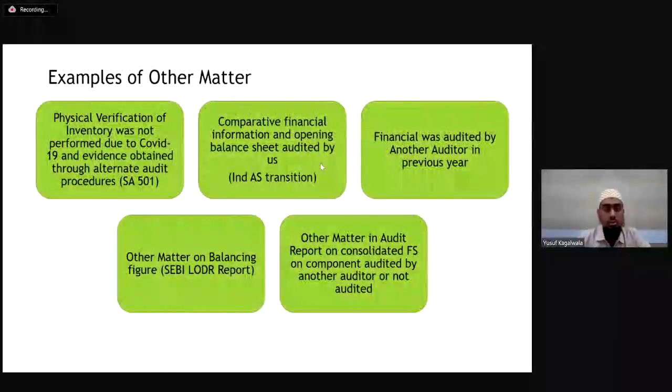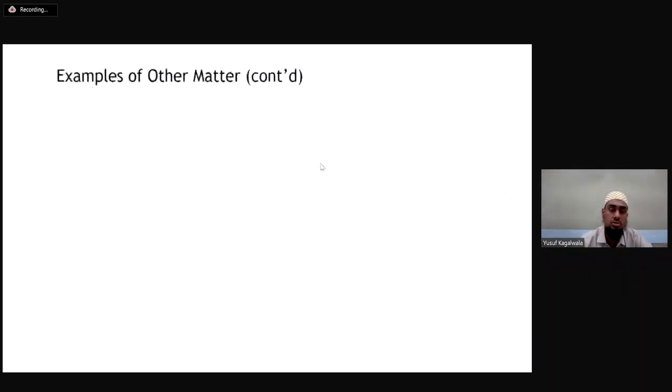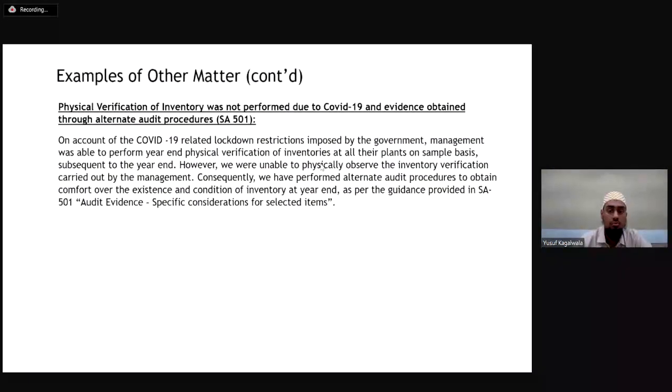Other examples of other matter. In case physical verification of inventory was not carried out during the course of COVID, and then evidence was obtained, we had obtained alternative evidence like roll-back procedures. When alternative procedures were covered as per SA 501, in such a scenario an other matter paragraph was mentioned.